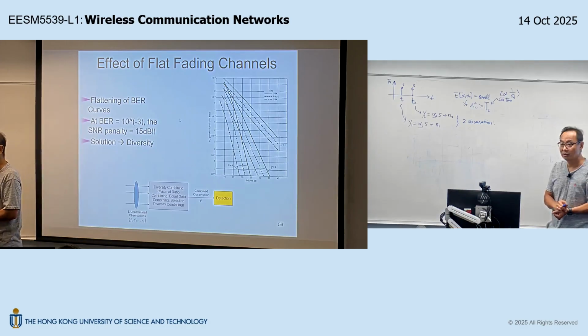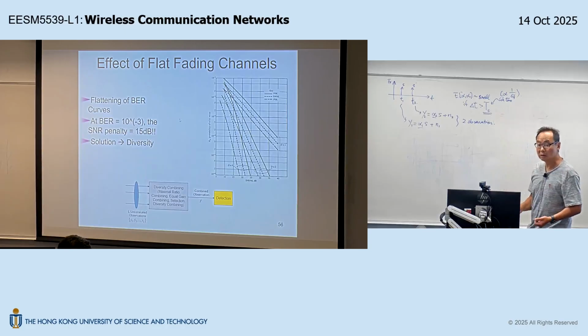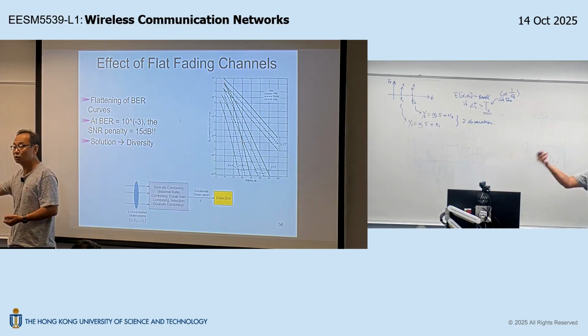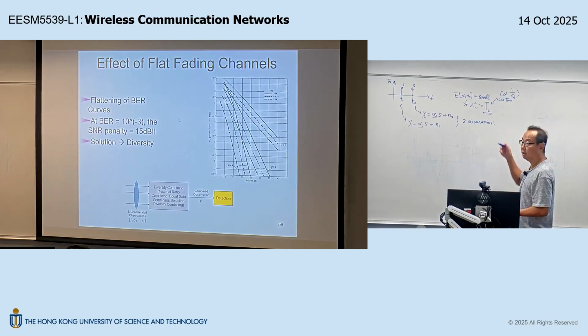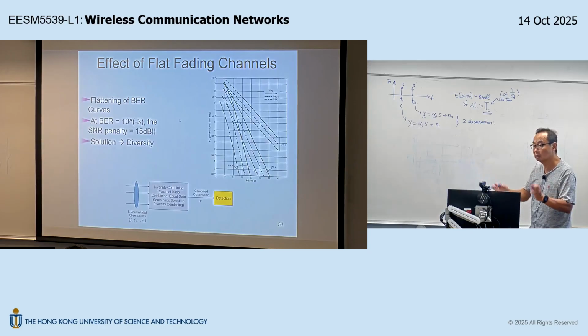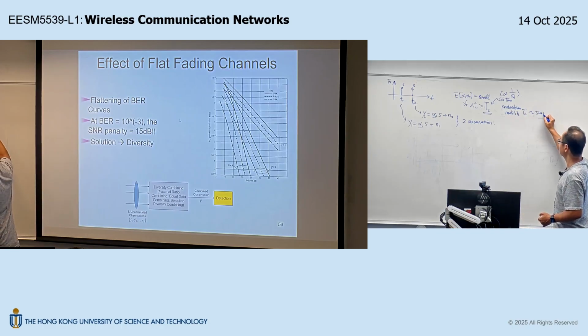Is that okay? So how far is sufficiently far? It depends on your environment. If you are designing the system for pedestrian users, usually the mobility is low, so the coherence time will be longer. Typically for pedestrian mobility, the coherence time is of the order of 50 milliseconds.